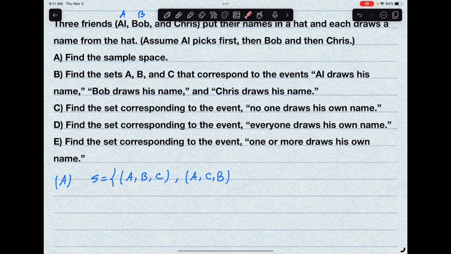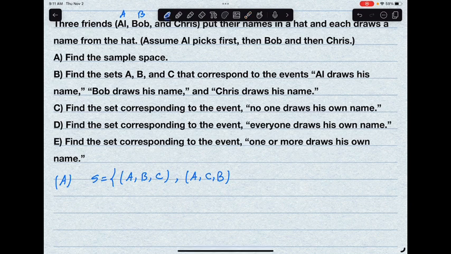It means, for example, here Al picks his name, and then Ben picks Chris's name, and Chris picks Ben's name. The first component is what Al picks, the second one is what Ben draws, and the third one is what Chris draws.